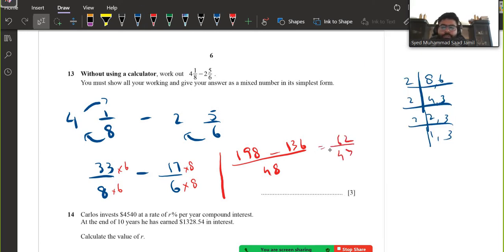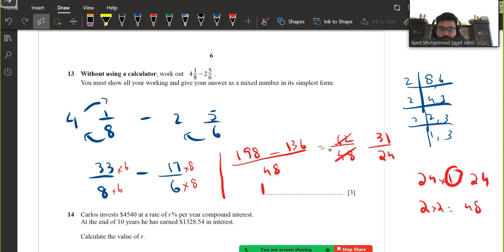Since the question is saying write down in mixed number in the simplest form, divide both the numbers by 2, that is going to be 31 upon 24. So 24 times 1 is 24, and 24 times 2 is 48. So we will use 1 whole. 31 minus 24 is 7. 1 whole 7 upon 24, and that is your answer.